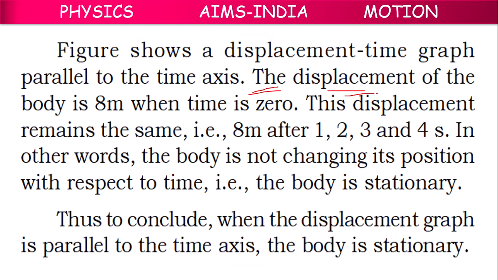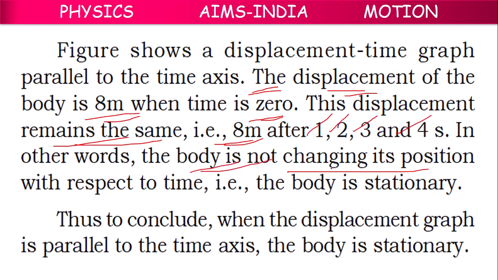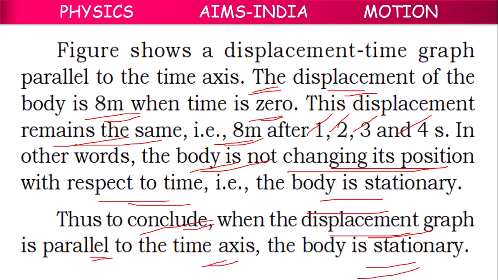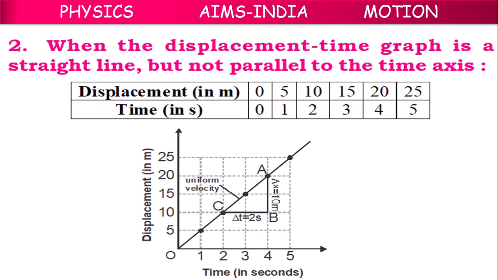The displacement of the body is 8 meters when the time is 0, and it remains the same after 1, 2, 3, 4 seconds. The body is not changing its position with respect to time, so the body is stationary. This is one kind of graph.